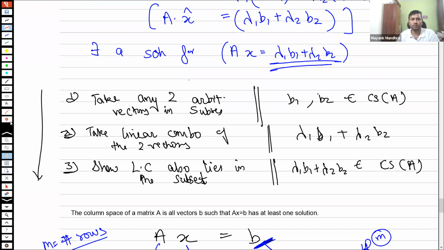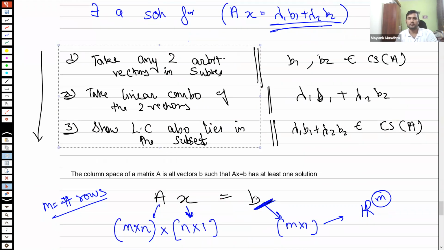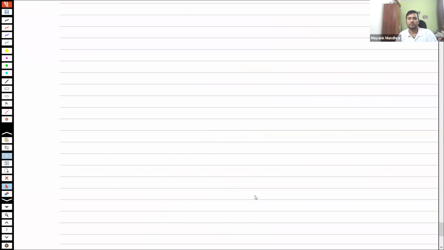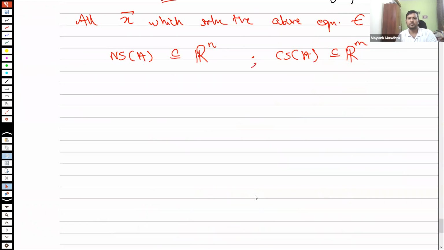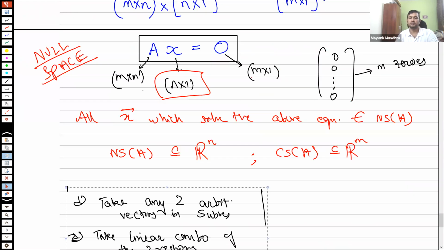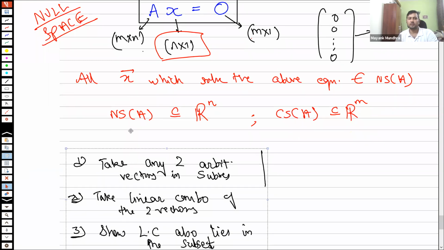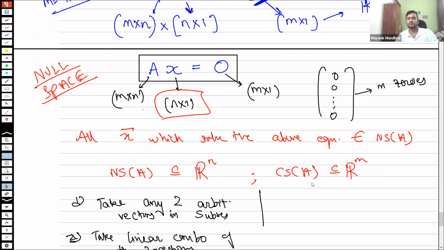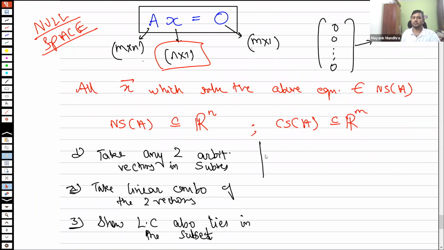Let me just copy this section from here. I want to show that the null space is also a vector space. So why don't you guys tell me the first step, second step, third step?